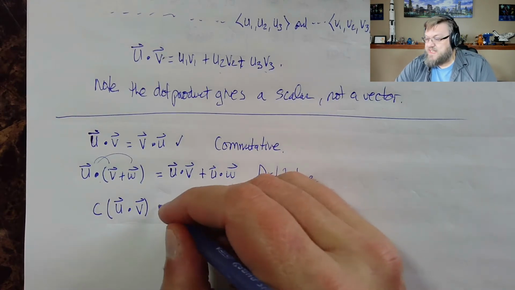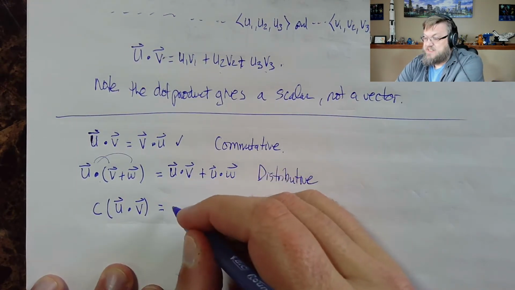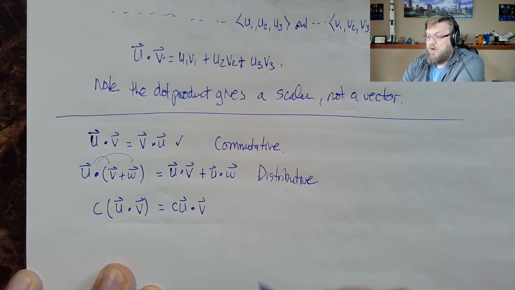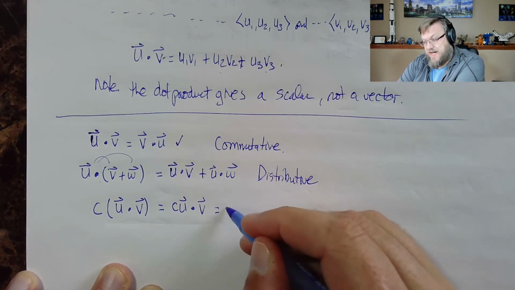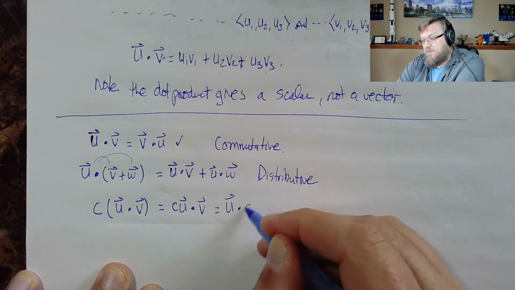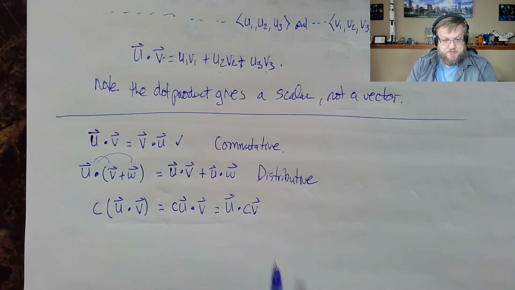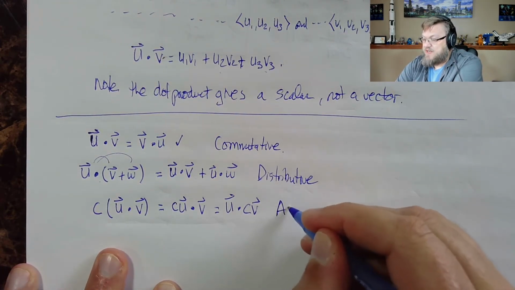What's nice to know here is that this is the same thing as had you scaled u and then dotted that with v. Or it's the same thing if you scaled v first, then dotted. Any way you slice it, these three things give the same result. This is called an associative property.